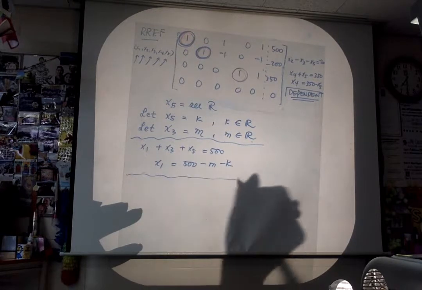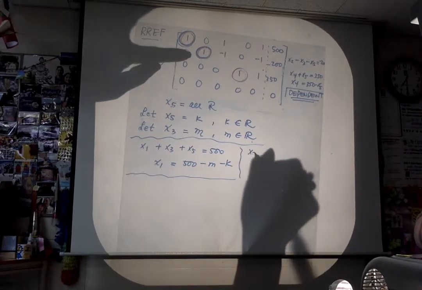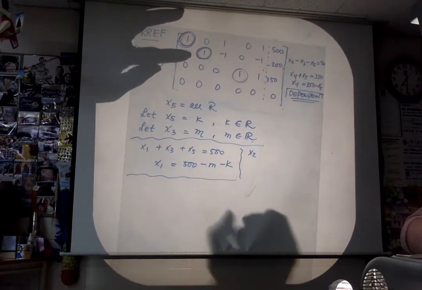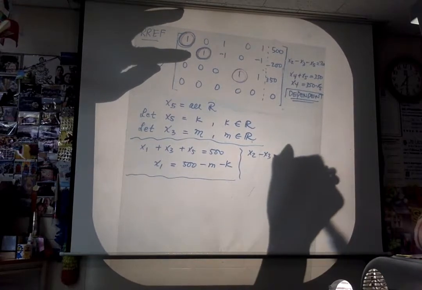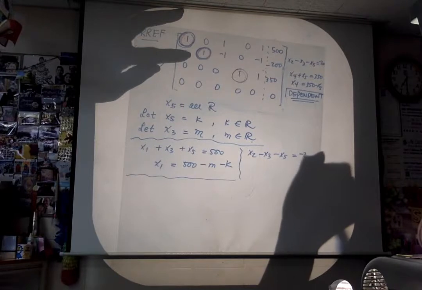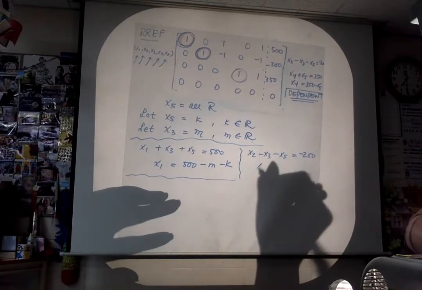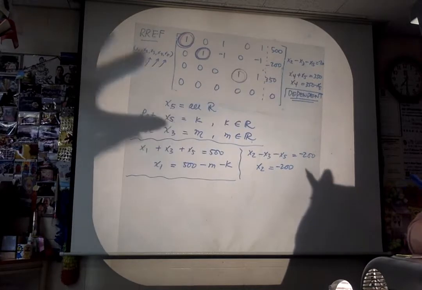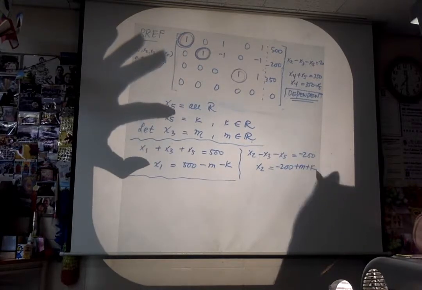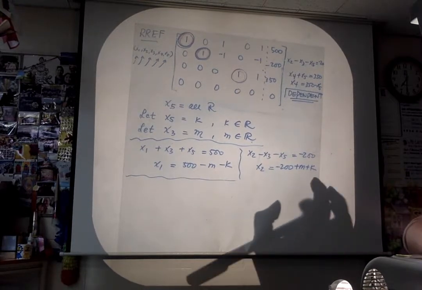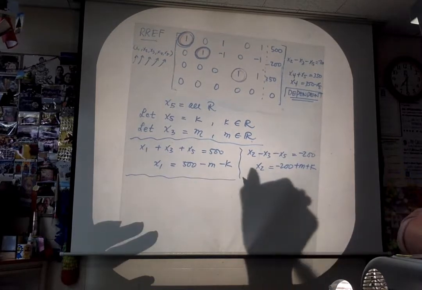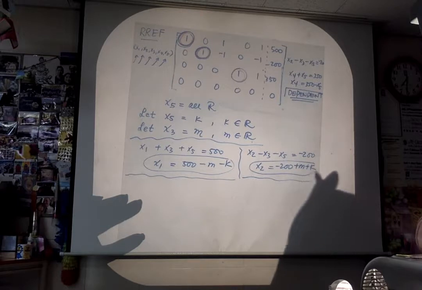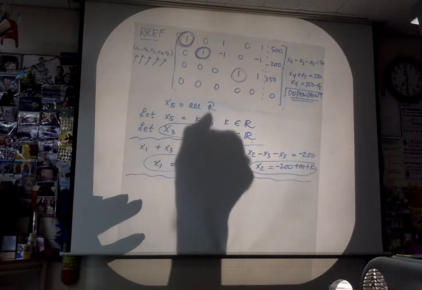Now let's go to x2. x2 minus x3 minus x5 is equal to negative 200, which implies that x2 is equal to negative 200 plus m plus k. Of course, you can write this as m plus k minus 200, okay? And that's x2.